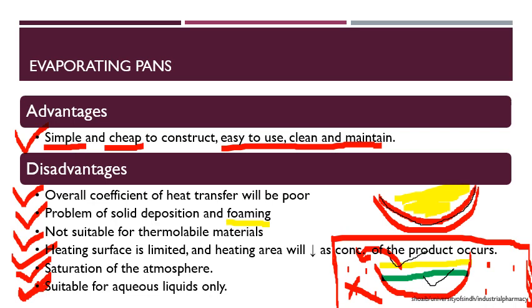Ethanol is a very expensive chemical. If we use the evaporating pan, the whole of the ethanol will be dissipated into this room and we will be unable to collect it. Of course we will collect the extract, but not the ethanol. This process will be very expensive for products using expensive solvents.